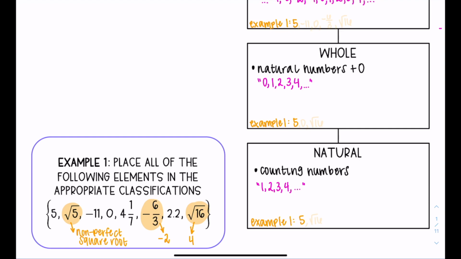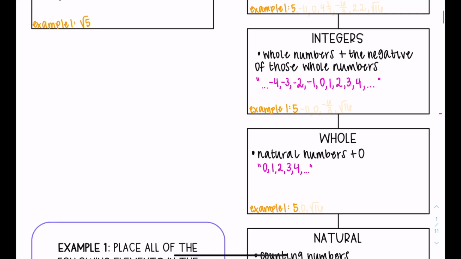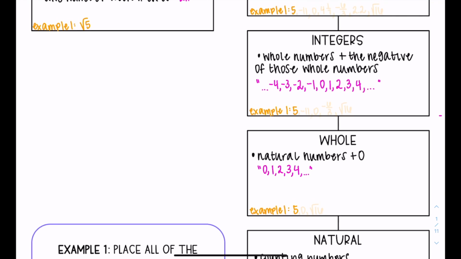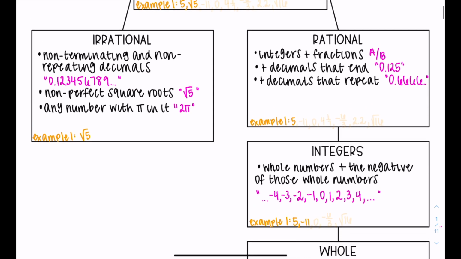What about -11? Well, that can't be a natural number because we don't talk about negatives there. And it's not a whole number because we still don't have negatives. So that has to start at our integers. So we got -11. But that also means that it's going to be a rational number.